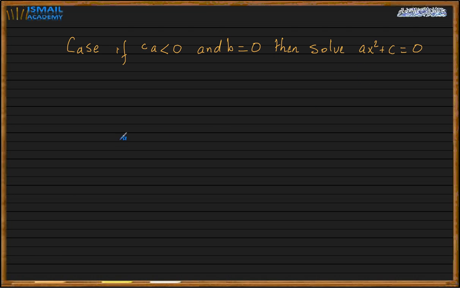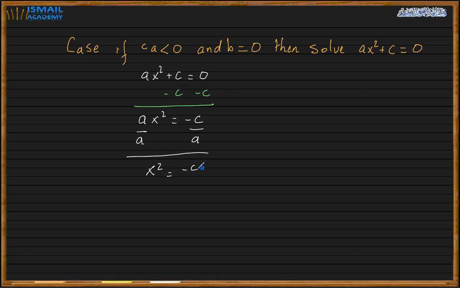So we have ax squared plus c equals 0. Again, we are going to subtract c from both sides. So we'll have ax squared equals minus c, and divided by a on both sides, we'll end up having x squared equals minus c over a.